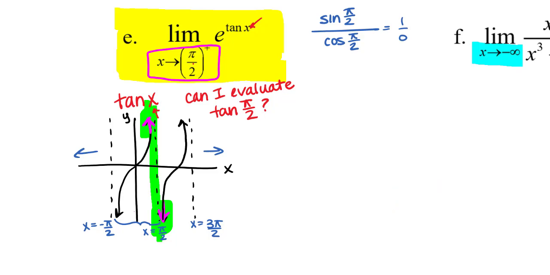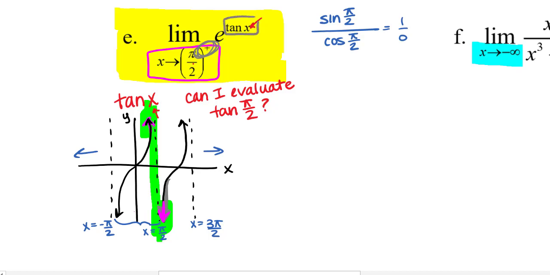So let's go back to our problem then. If I can't evaluate tangent of pi over 2, and I know I go to one of the infinities, now it's where my side becomes important. X is approaching pi over 2 from the right. So from the right, I'm coming down here at negative infinity.